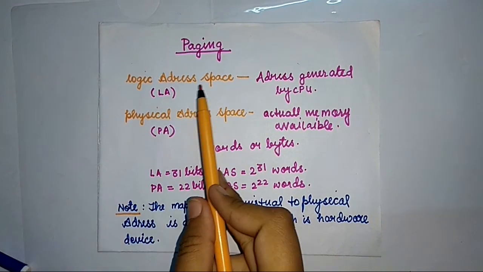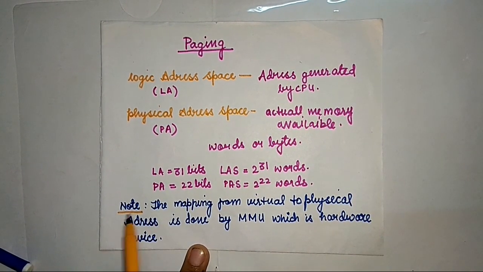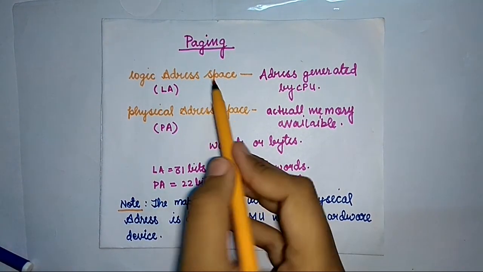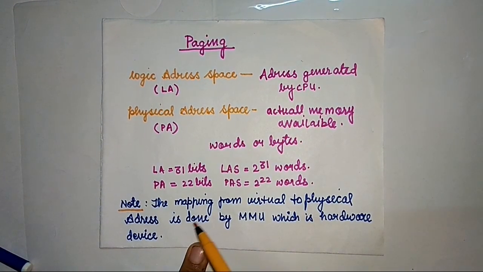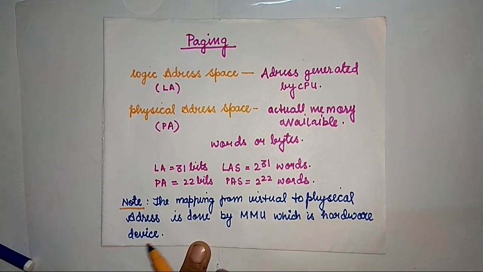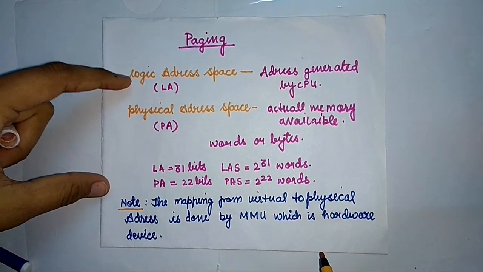This logical address is also called a virtual address. And one more important thing, the mapping from the virtual to the physical address is done by the memory management unit, which is a hardware device. And this technique is called the paging technique.